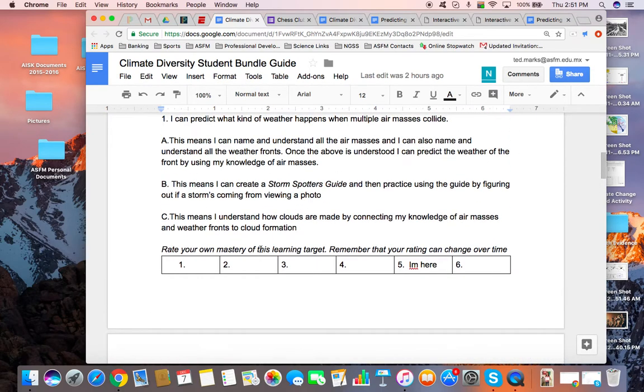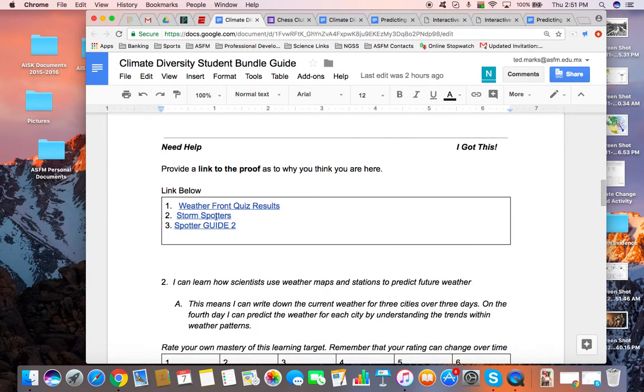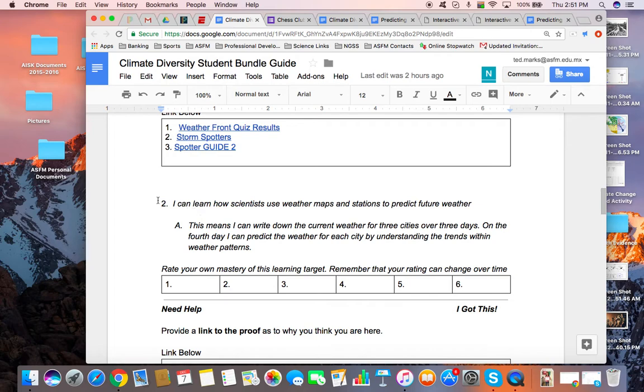Now, when you rate yourself, that's the final rating for this learning target, and you should have 3 pieces of evidence. That's really important that you have these pieces of evidence and that you show me them before leading into the next assessment in January.